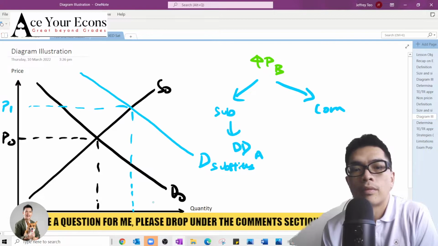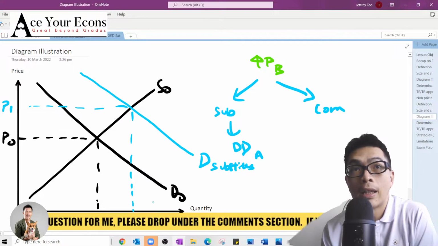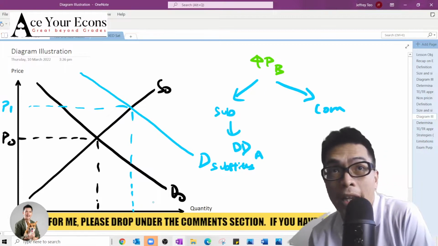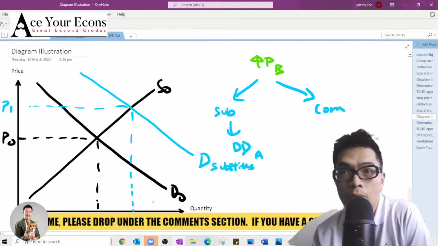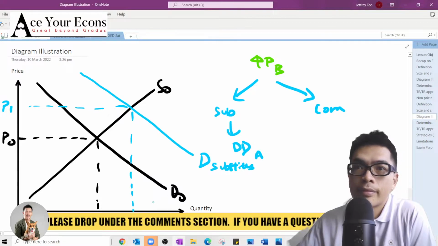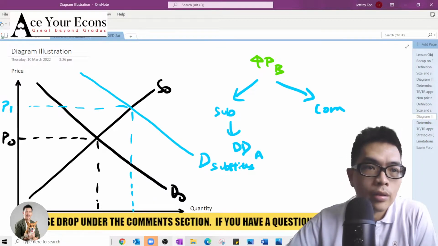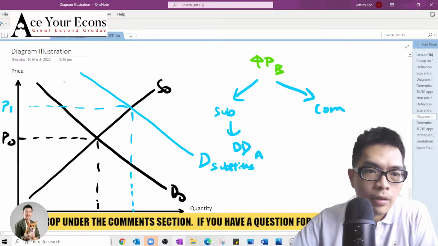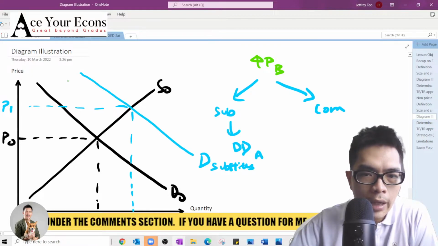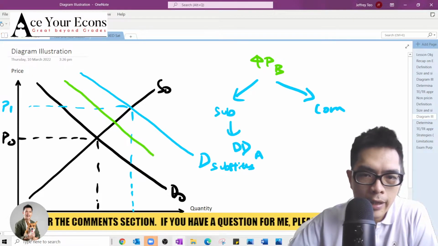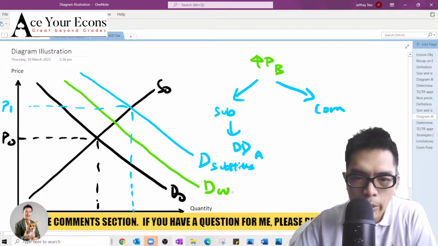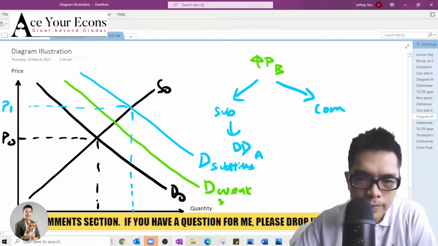Will the increase in demand lead to the position of the demand curve being on the right hand side of the blue or the left hand side of the blue? Good. Very good, everyone. Well done. Congrats. Demand of weak substitutes.